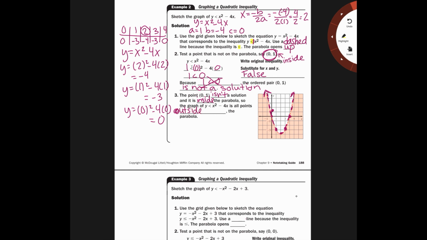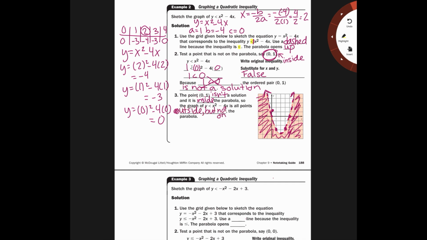And because it's dashed, it's not on the parabola. So it's all the points that are outside. So we shade all out here. And you can see that we're not shading that point that we tested that was right here. This is the point 0, 1 that we tested, and we're not shading it because it's inside and it didn't work out for us. So instead we're shading the outside.